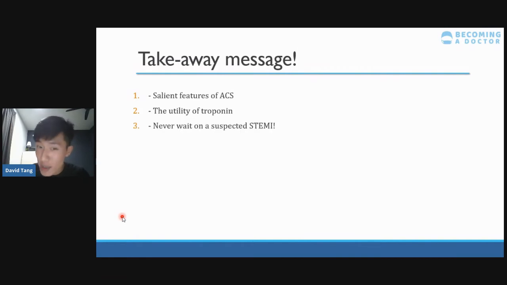We do not wait or sit on the STEMI, and we need to revascularize them as quickly as possible. And VTE prevention in AF is paramount because not just do we want to prevent stroke, we want to avoid mesenteric complications like embolism, we want to avoid gangrenous limb, and we want to avoid systemic or pulmonary embolism.